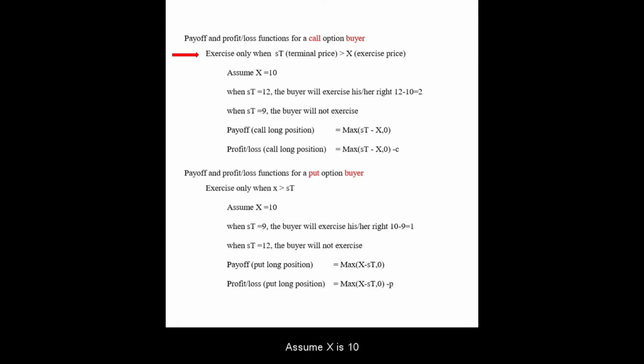Assume X is 10. When the terminal stock price is 12, the buyer will exercise his or her right, and the payoff is 12 minus 10 is $2. When the terminal stock price is 9, the buyer will not exercise his or her right because they can purchase this stock cheaply.